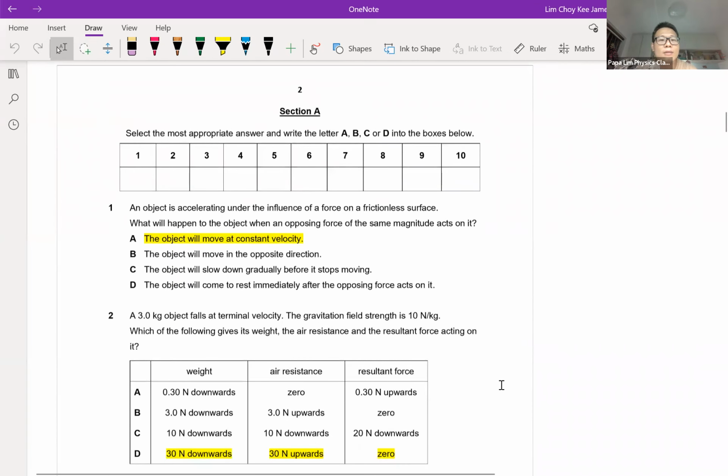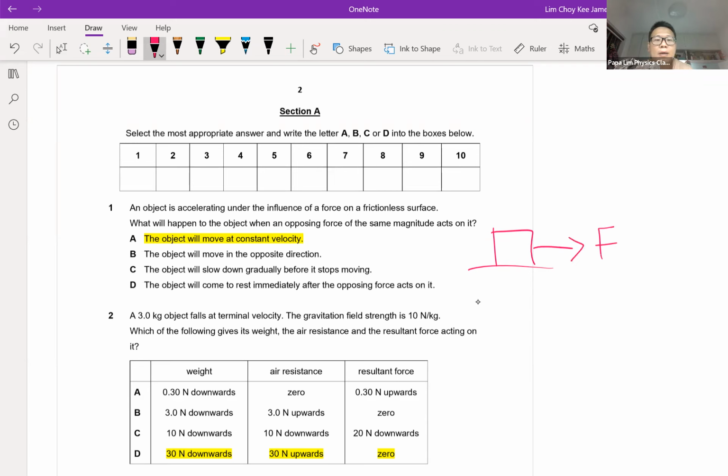Now, question one is, I would say, a standard example that we look at for Newton's law questions. Whether it's the first law or second law, commonly we are given an object which is under the influence of a particular force. So there is a force here.